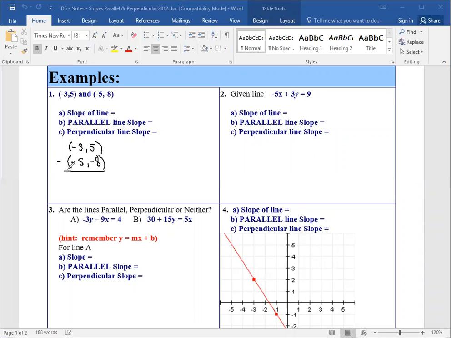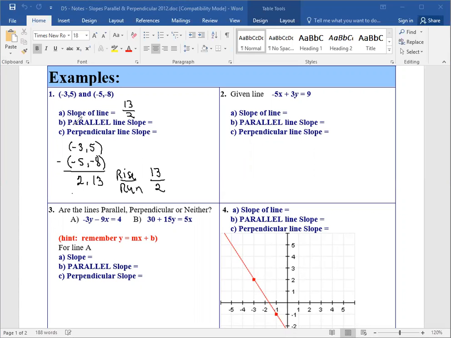So we just subtract: -3 minus -5 is +5, so that's 2. 5 minus -8 is 5 plus 8, which happens to be 13. And then we do rise over run, so that's 13 divided by 2. So the slope of the line that contains these points is 13 over 2.